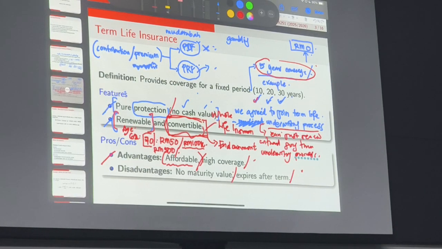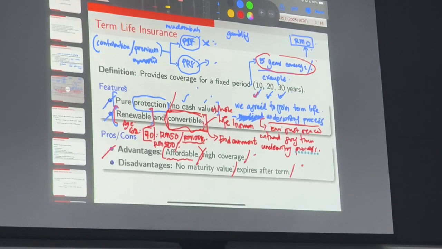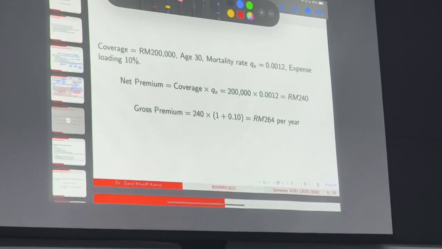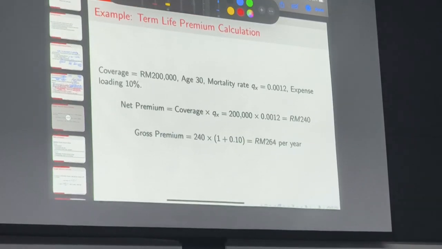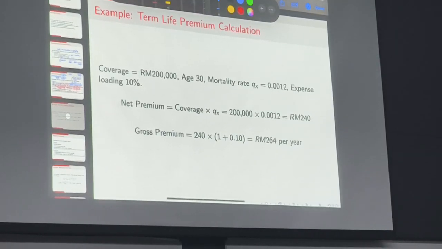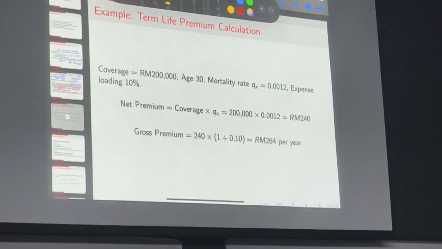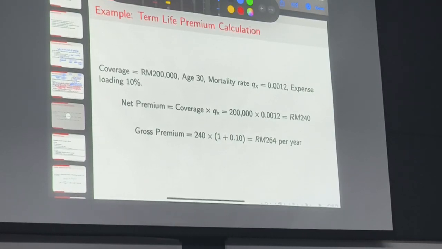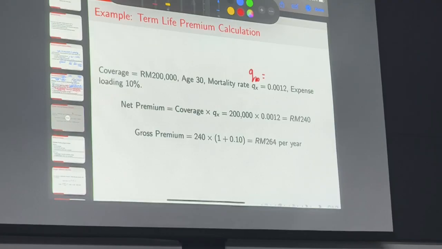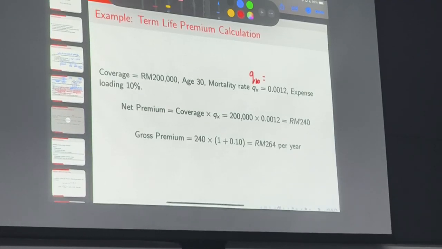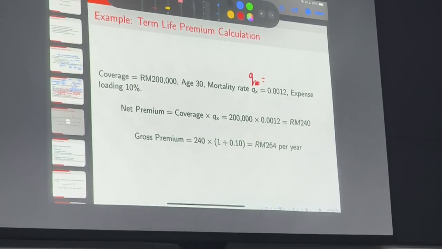So macam mana kita nak kira term life insurance ni? Let's say we have one example here. Coverage 200k, age 30, mortality. So kalau age 30, mortality maksudnya ialah Q30 lah. The probability that this person is going to die at the age of 30 is 0.0012.